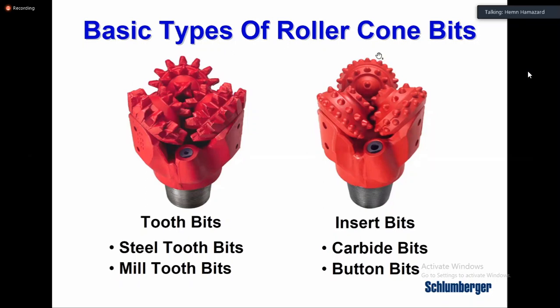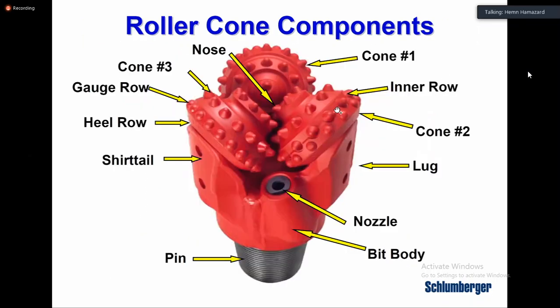Roller cone bits components. Again, these are important to know, especially as a drilling engineer. If you have any opportunity in the future to work as a drilling engineer, you have to know all these components for analysis, for studies, so you can improve your bit selection. You have 3 cones, obviously, cone number 1, cone number 2, and cone number 3.